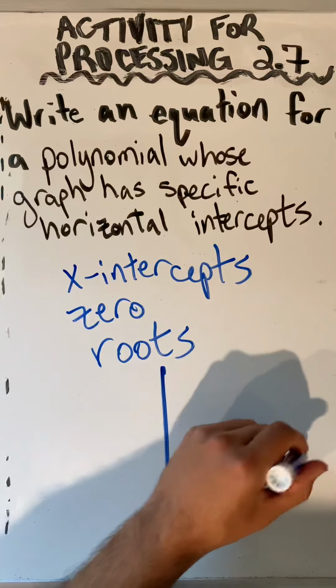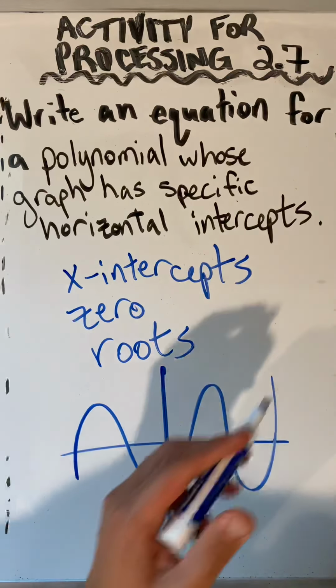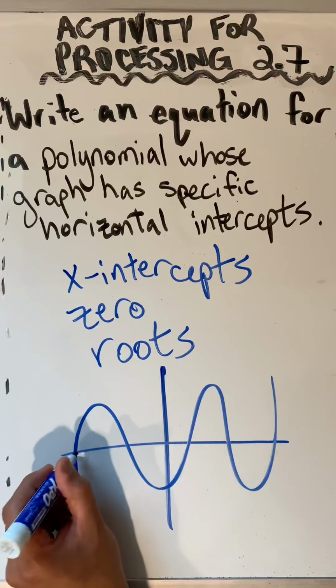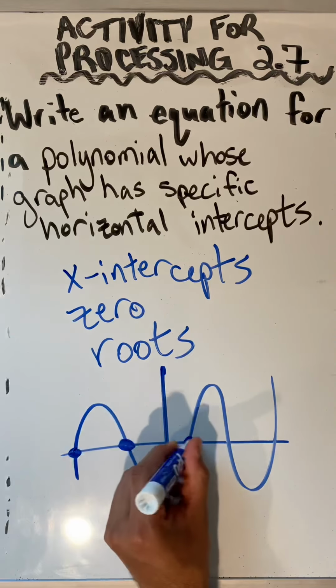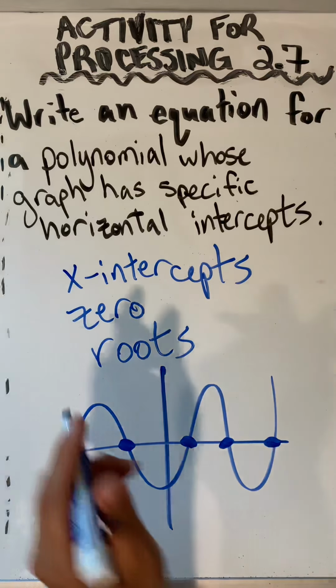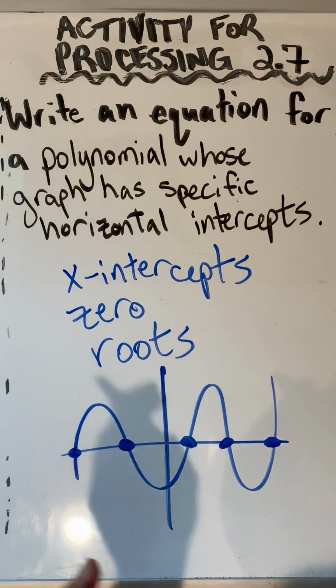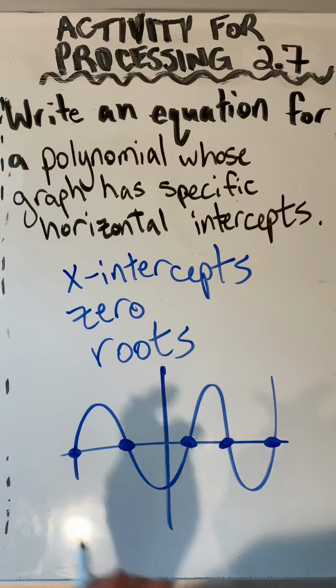And the cool down doesn't ask you to draw a graph, but I'd like to take this moment to remind you that these are your zeros here, here, here, and here, okay? Just a reminder that these words all refer to these points on the x-axis.